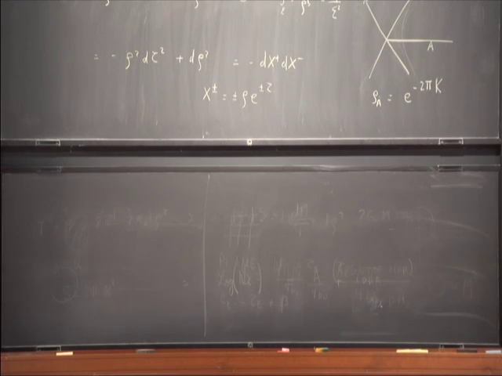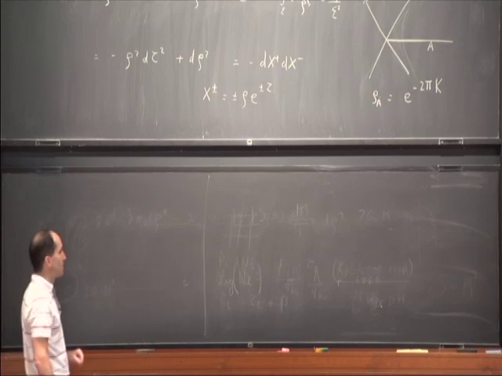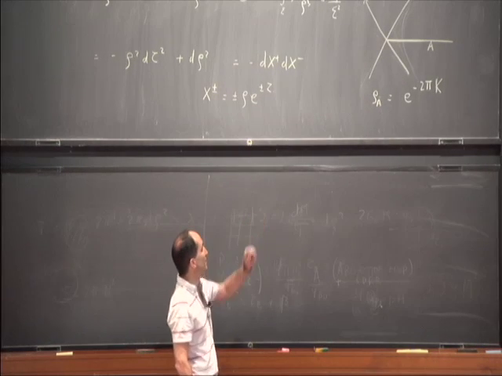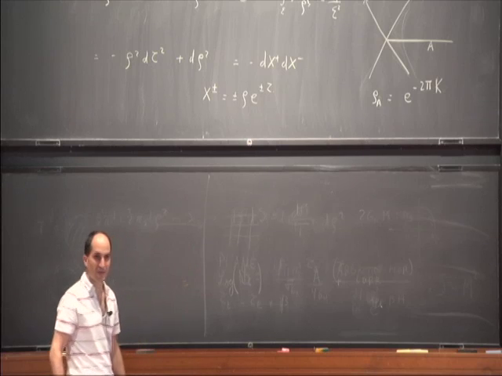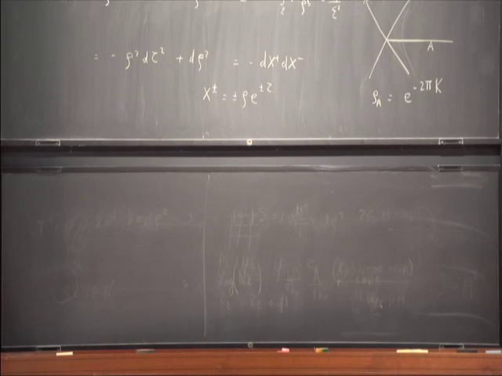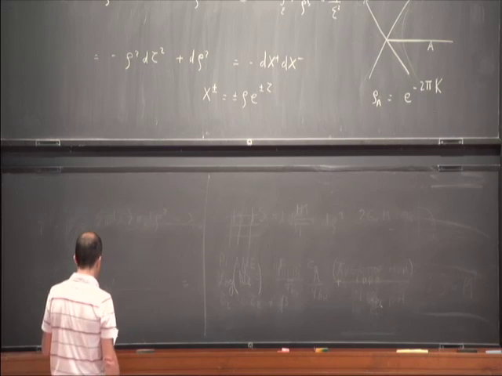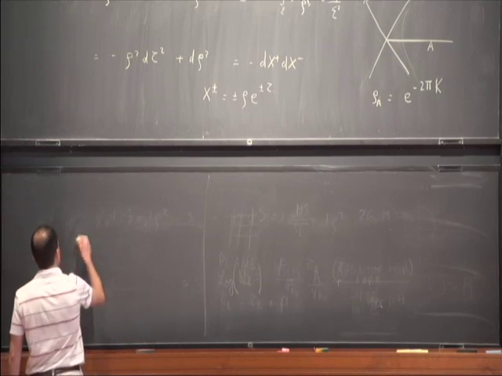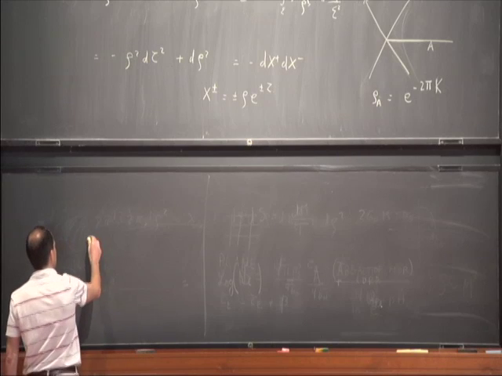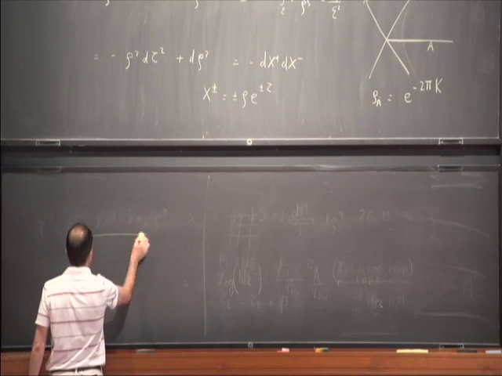There's been some discussion of how maybe there is a miracle and gravity regulates these divergences. But we actually know how gravity regulates these divergences, and it's instructive to understand how it works.